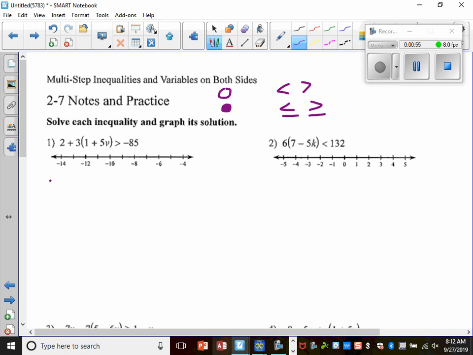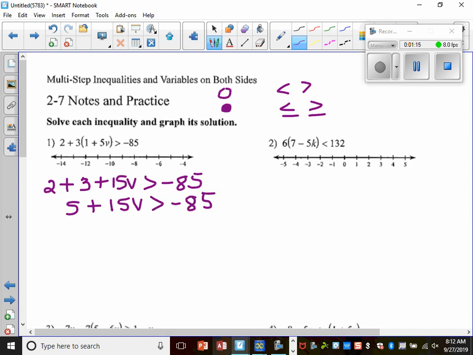knowledge. So we got 2 plus 3, we're distributing that, plus 15v is greater than negative 85. So we'll combine the 2 plus the 3. 5 plus 15v is greater than negative 85.